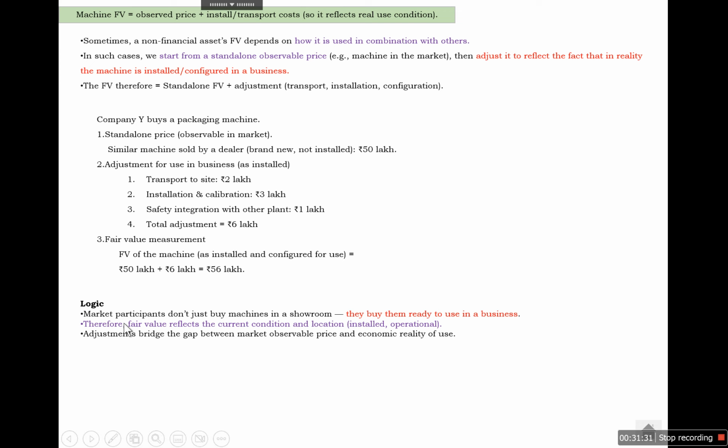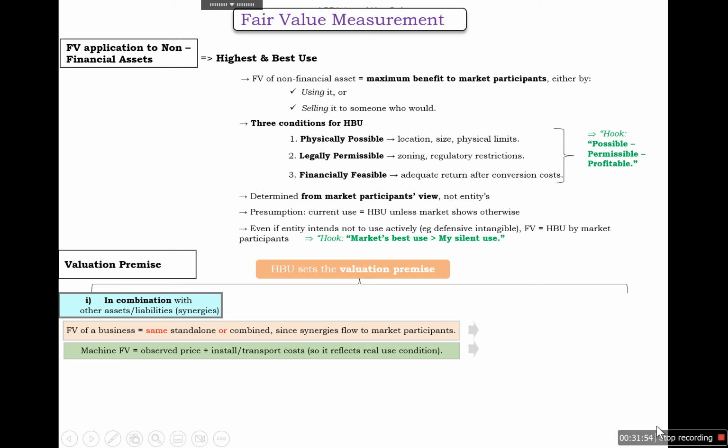The logic is that market participants don't just buy a machine in a showroom. They buy it ready to use in a business condition. Therefore, fair value reflects the current condition and location, that it is installed and in operation. And we need to do the adjustment to bridge the gap between the market observable price and the economic reality of the usage.